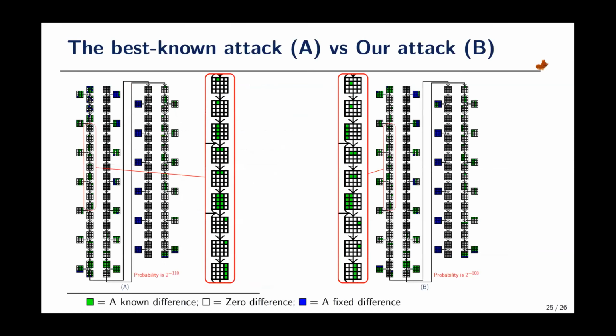And here is our attack. We use the same lower trail as the best known attack, but the upper trail is a bit different in the position of the active S-boxes. That's the reason why a small change in the distinguisher may lead to a better attack.